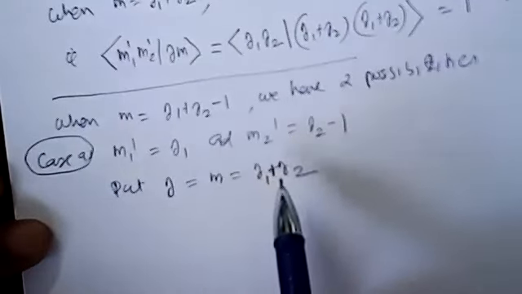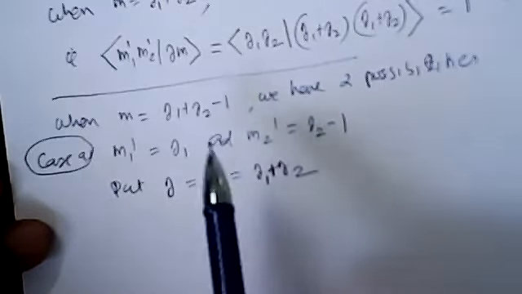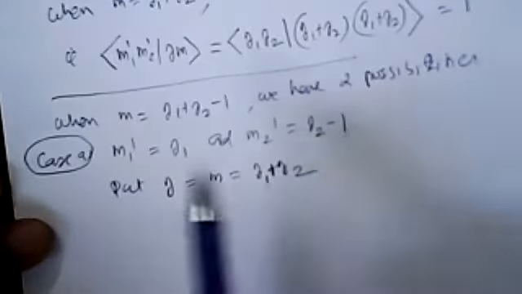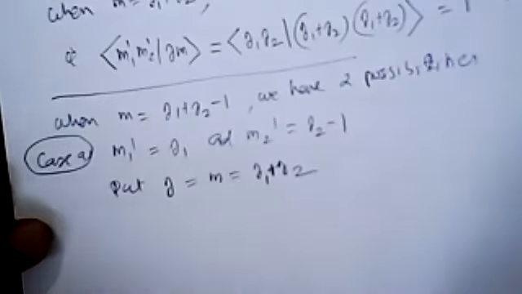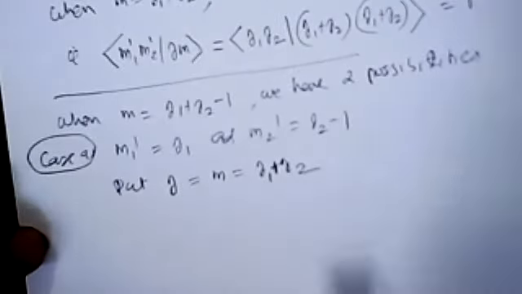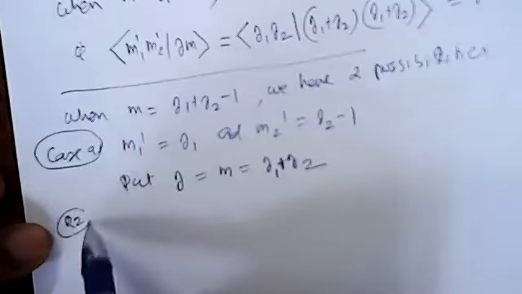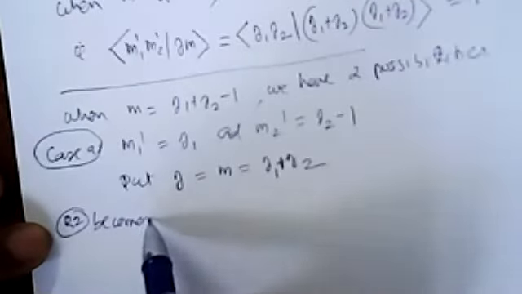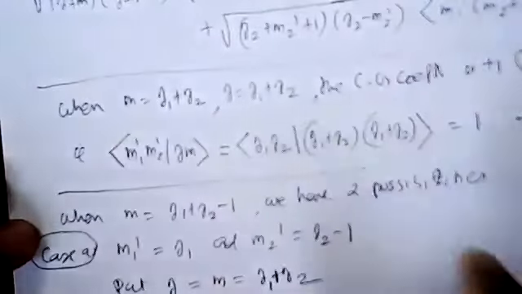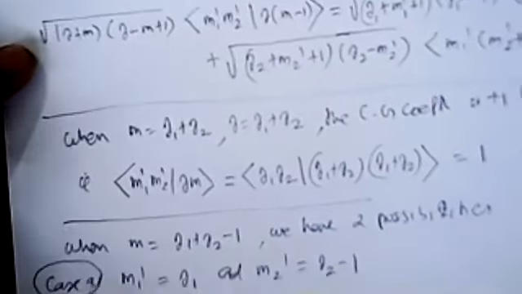So we can write R2, the recursion relation R2, becomes: substitute for root of (j plus m).